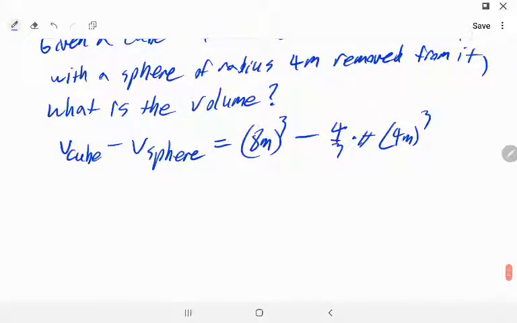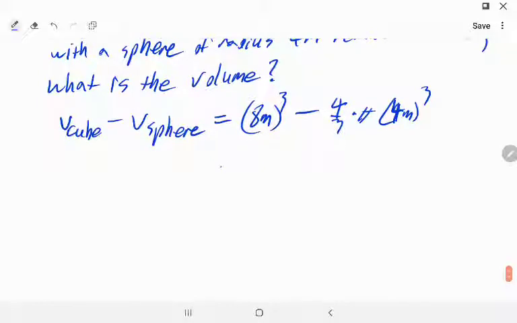So 4/3 pi times the radius cubed. Make sure that's a 4, not a 9. And so we end up getting 512 cubic meters minus 256/3 pi cubic meters.